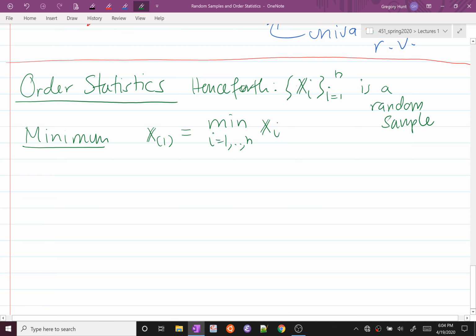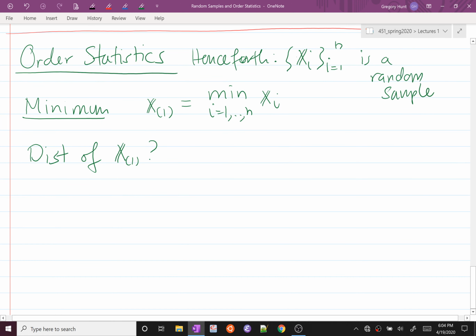And so the question is, what is the distribution of this thing? What's the distribution of X of 1? It's a univariate random variable, some function of these X of i. The function is particularly, we look at the X of i and we choose the smallest one.